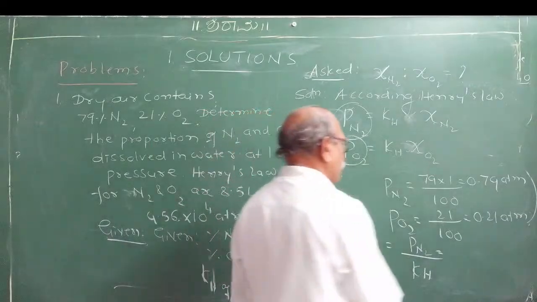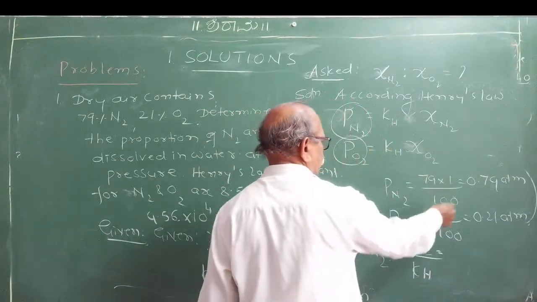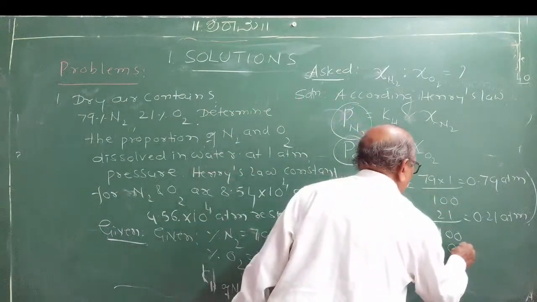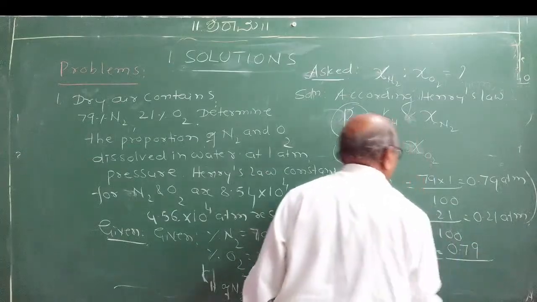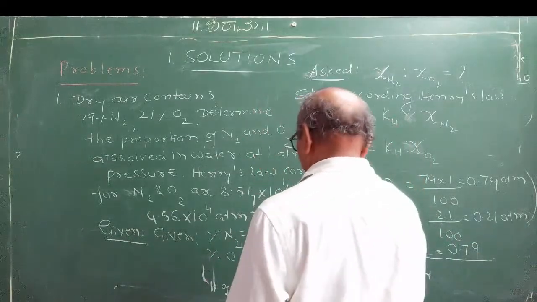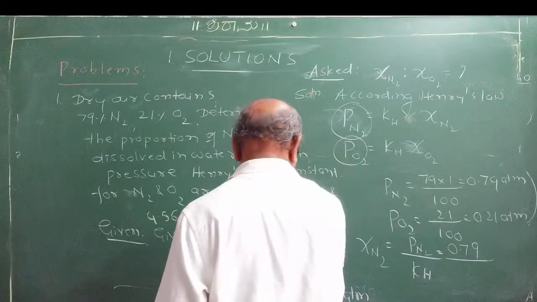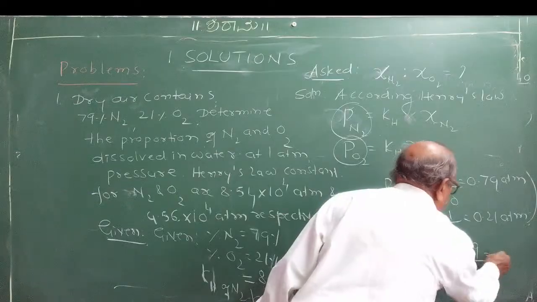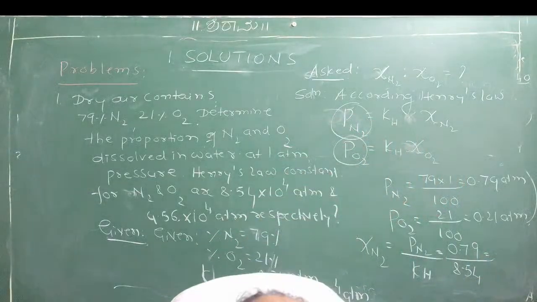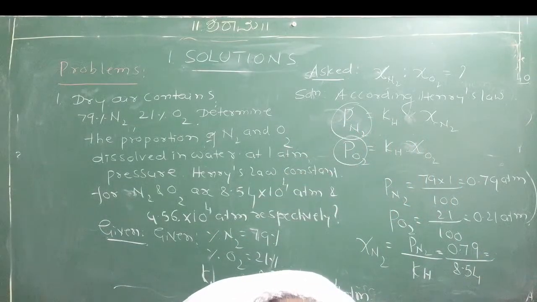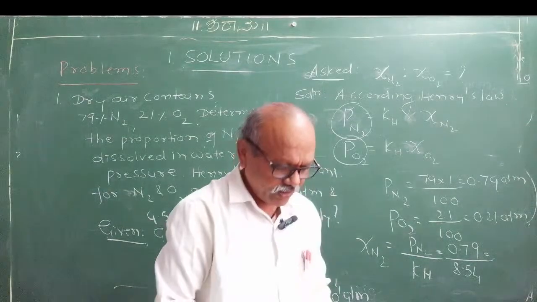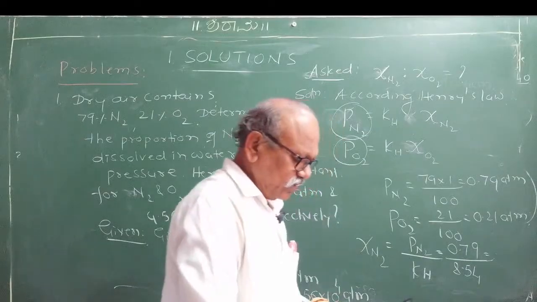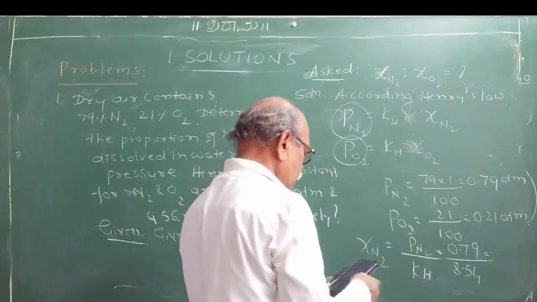Partial pressure of nitrogen is given as 0.79 atmosphere divided by KH value of nitrogen, 8.54 atmosphere. Just divide it and you will get the answer. Use the calculator, calculate the value. You can use a simple calculator.